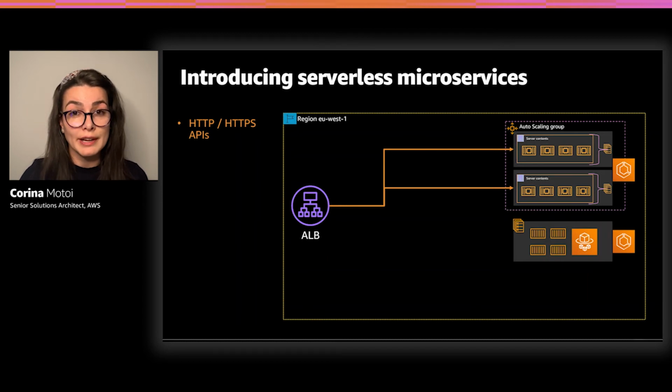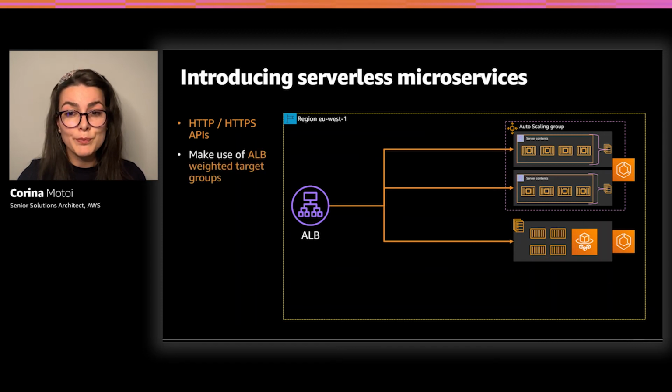I've chosen Fargate to deploy my ECS containers, and then you have that microservice in another target group for the Application Load Balancer. And now, looking at the blue-green deployment, you can use the ALB weighted target groups and assign weights for each microservice. Through the weights, the ALB will control the traffic to each microservice.